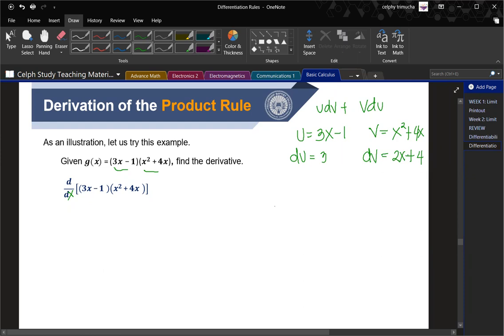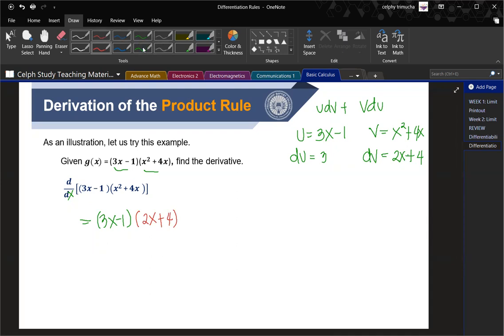So now substitute siya naton sa aton nga equation which is u dv plus v du. So we have u naton is 3x minus 1. Then multiply naton sa dv. dv naton is 2x plus 4. So we have 2x plus 4.